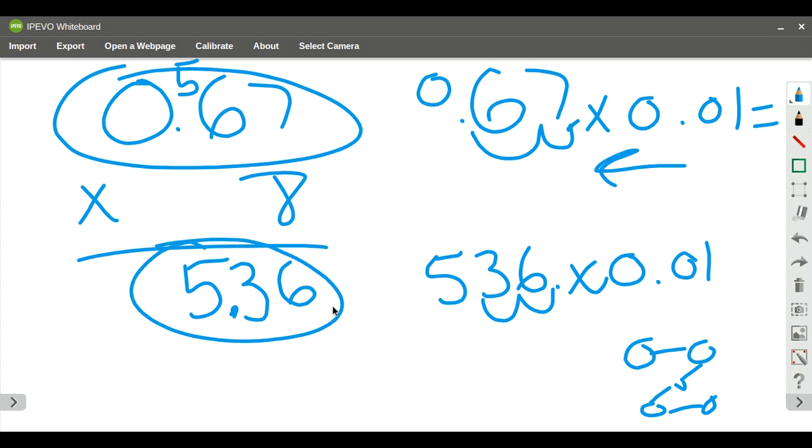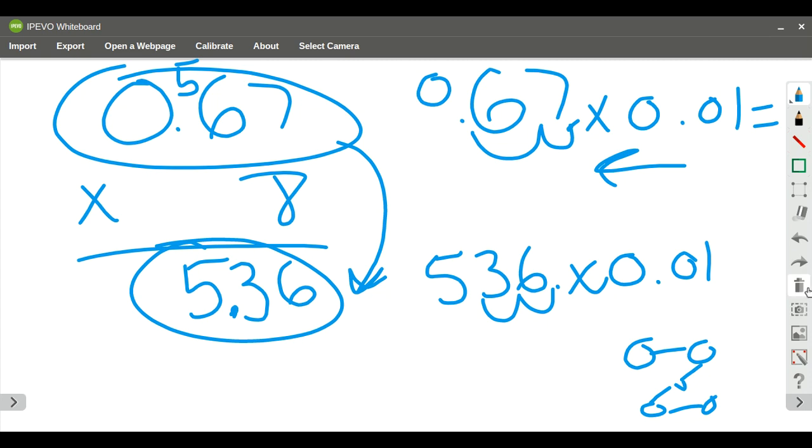So it seems to me the pattern that I'm noticing is that if I have 2 values behind the decimal, I need to have the same amount of numbers behind my decimal in my product. So here I had 2 values behind the decimal, so here I need to have 2 values behind the decimal. Okay, so that's the pattern that I'm noticing.